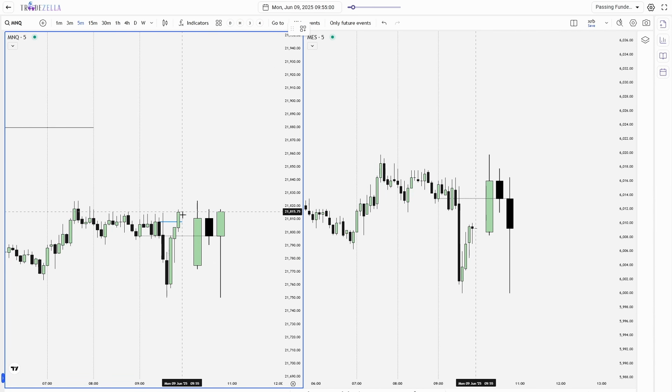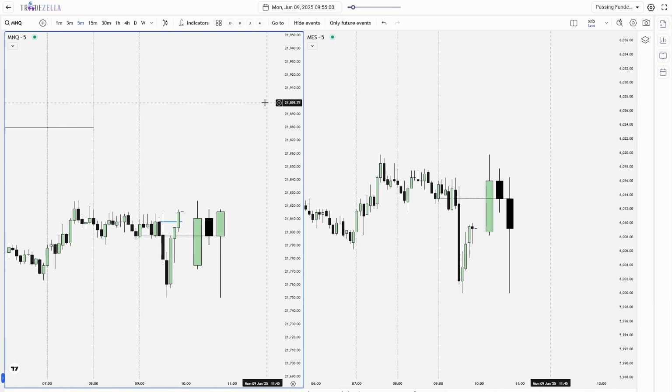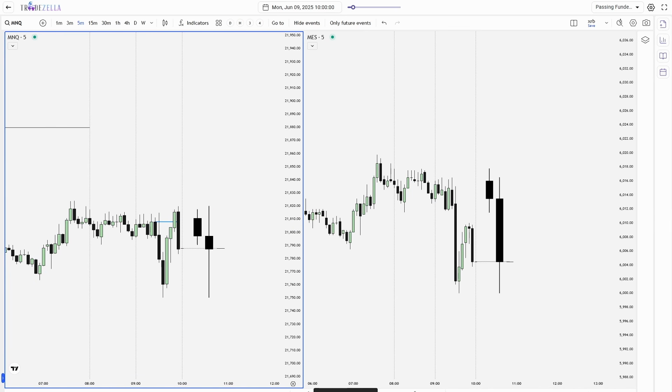If I'm entering here, stop loss will be like 60 points. So I would wait for continuation order block. Now we have retraced.